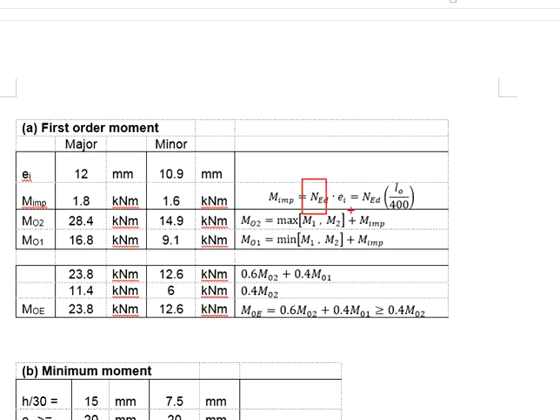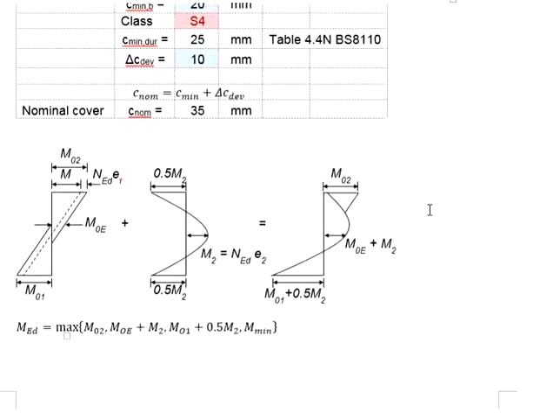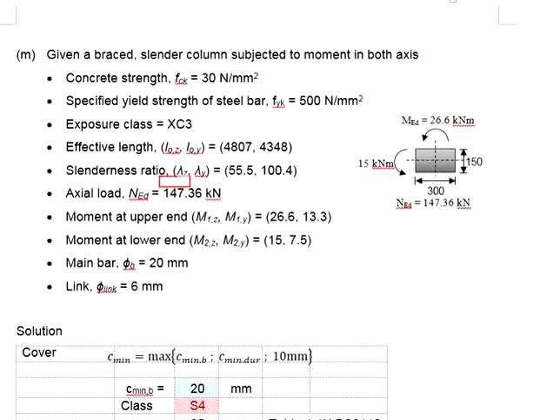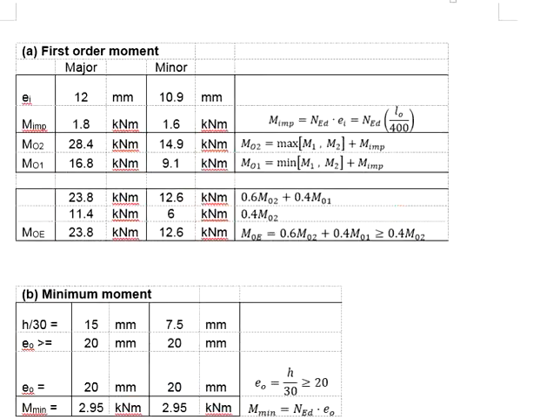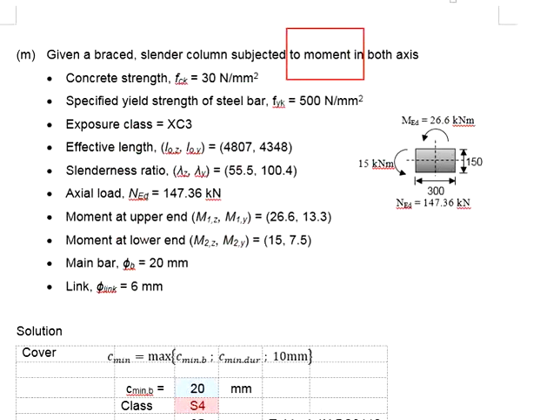Multiply with the axial load, which is 147.36 kN. You will have your M imperfections 1.8 and 1.6 for the major and minor axis respectively. You will need to calculate both major and minor axis since you have moment acting on both axes.